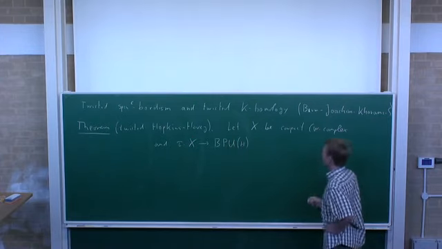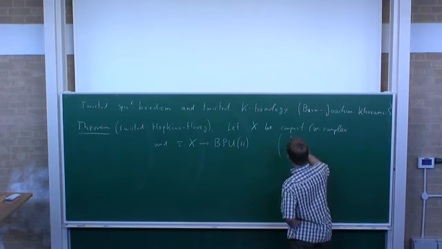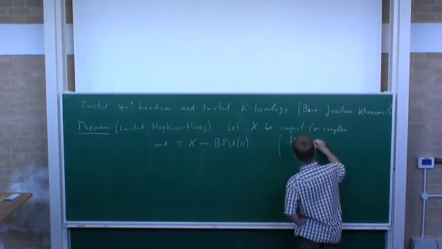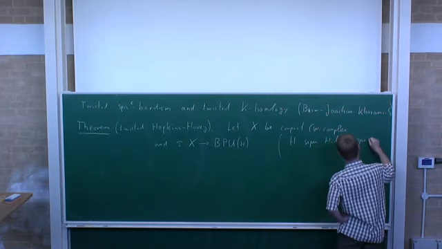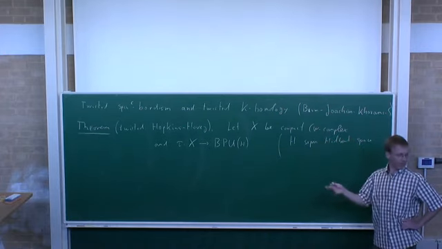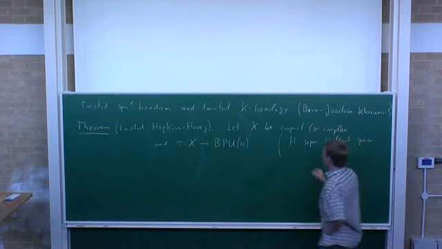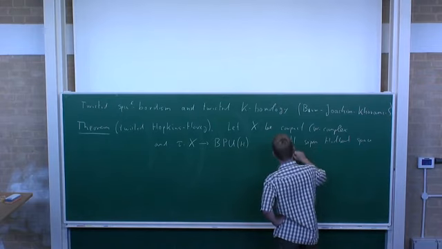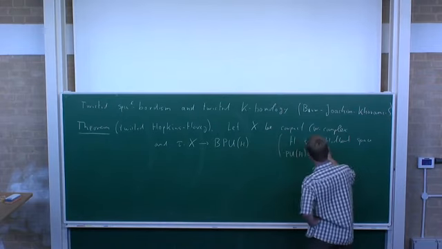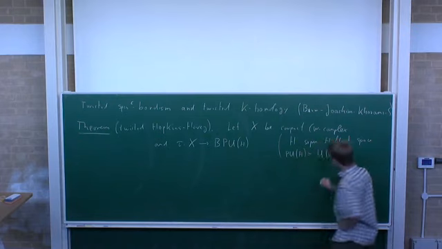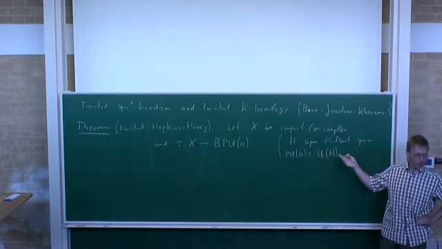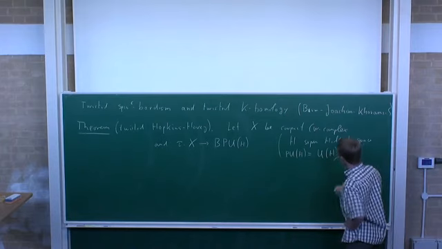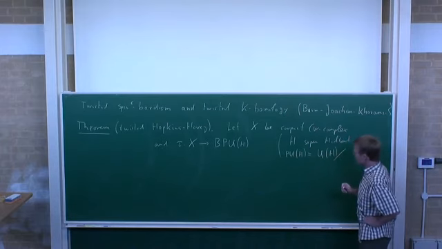PU(H). So let me just add some background here. H is a separable Hilbert space, like the square-integrable functions on Z, something like that. And U(H) is the unitary group of that Hilbert space, which is a contractible group by Kuiper's theorem, and PU(H) is modded out by the stuff in the center.